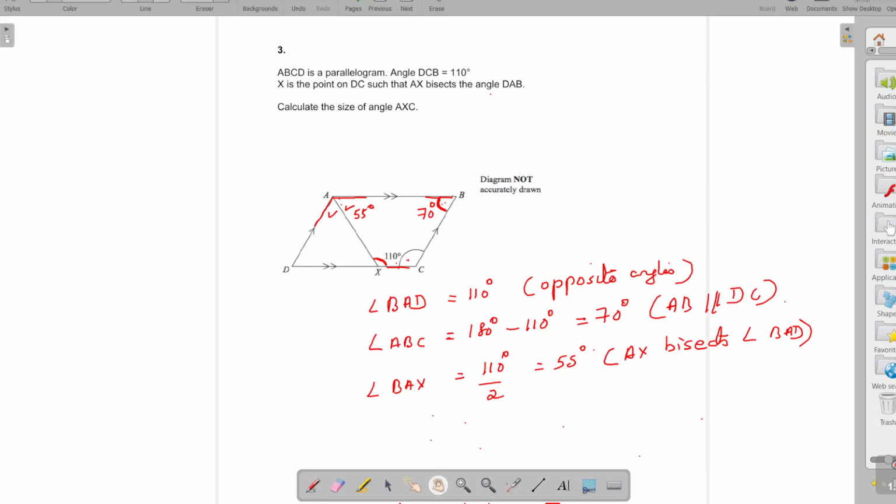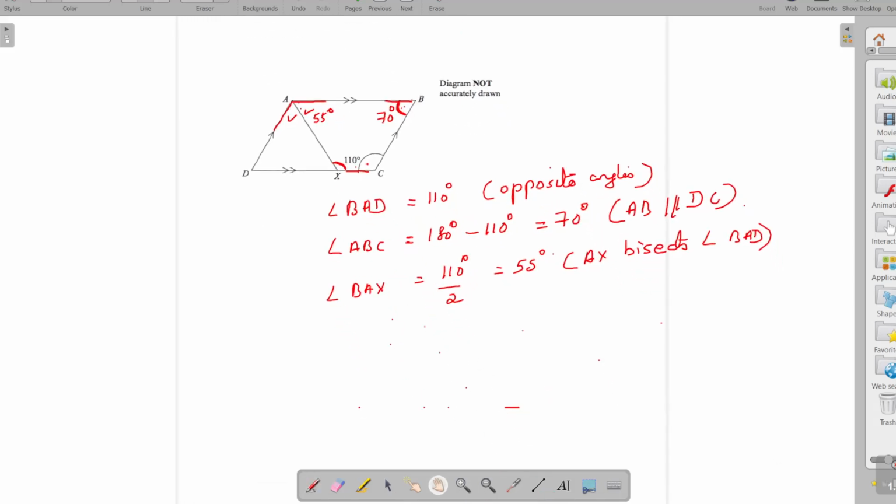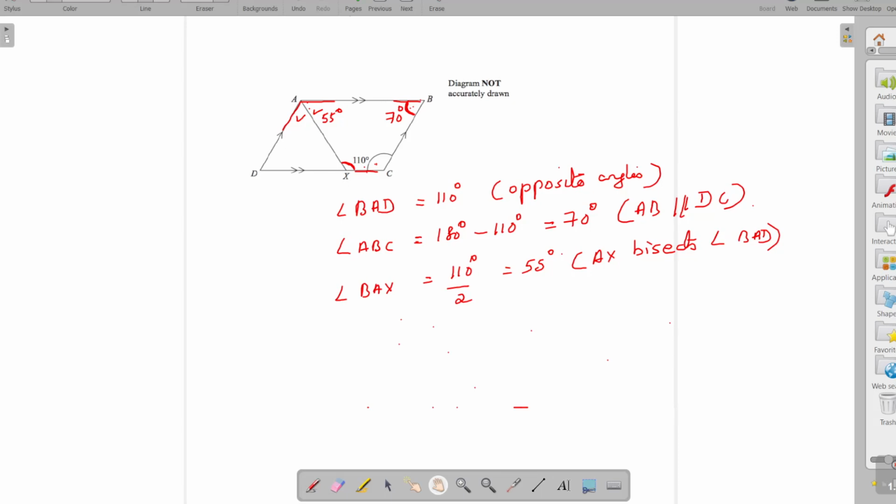Now that's a quadrilateral, or a trapezium. So in shape ABCX, angles add up to 360.